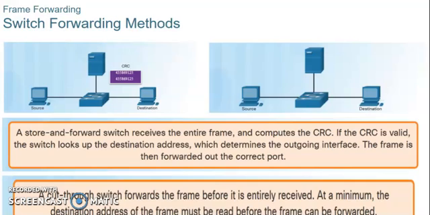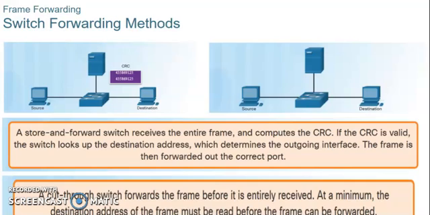The store and forward switch receives the entire frame from the source and then it computes the CRC, cyclic redundancy check. If there are no errors in the cyclic redundancy check, that means if the CRC is valid, the switch searches for the destination address, and then it determines the outgoing interface, then it will forward the frame through the egress port.